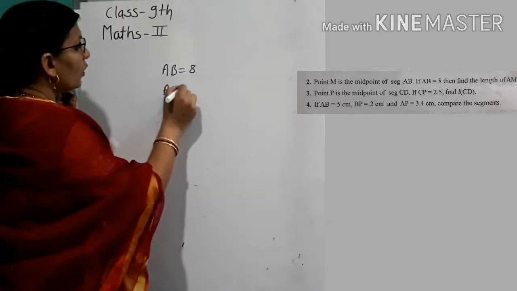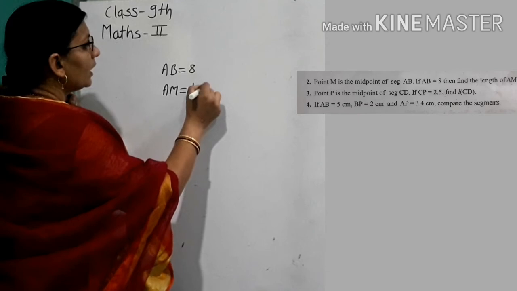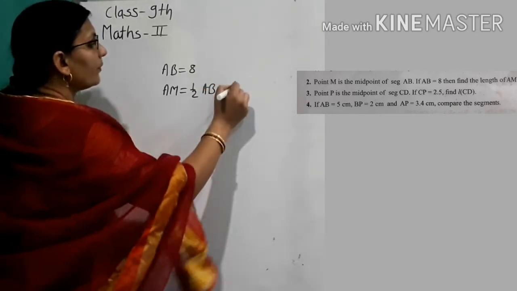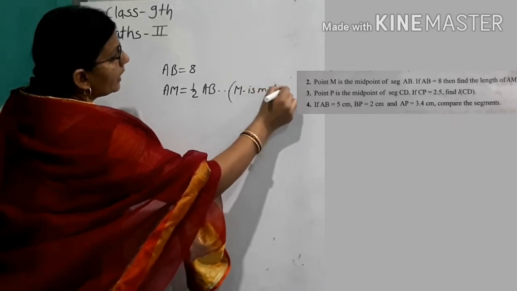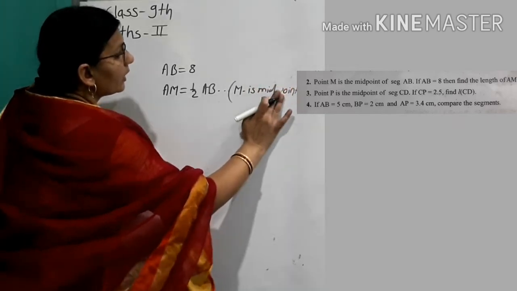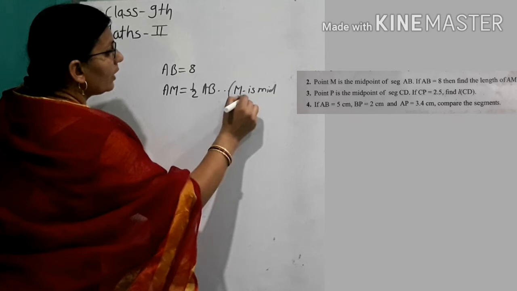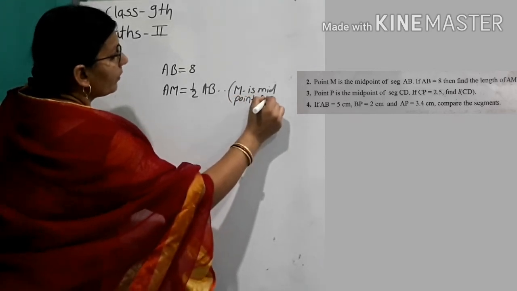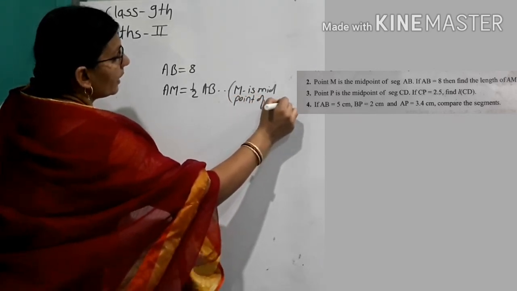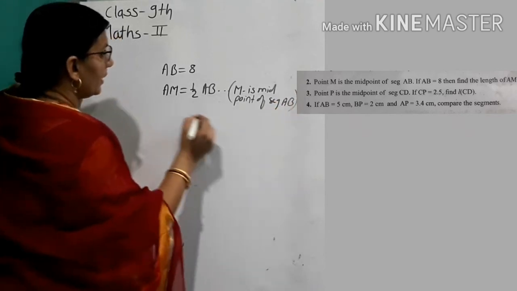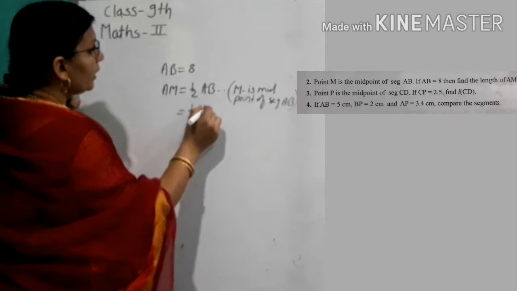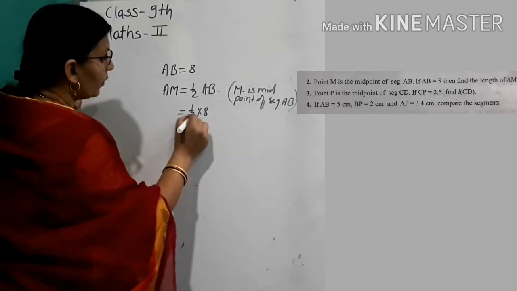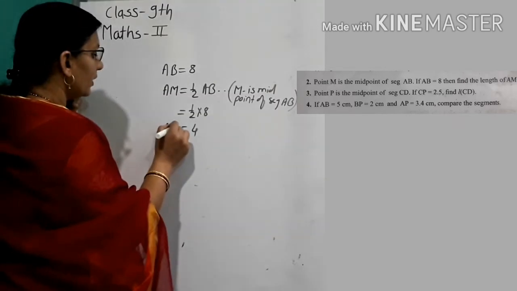Therefore, AM equals half of AB. Reason: M is the midpoint of segment AB. Therefore, AM equals 1 by 2 into 8 equals 4 units.